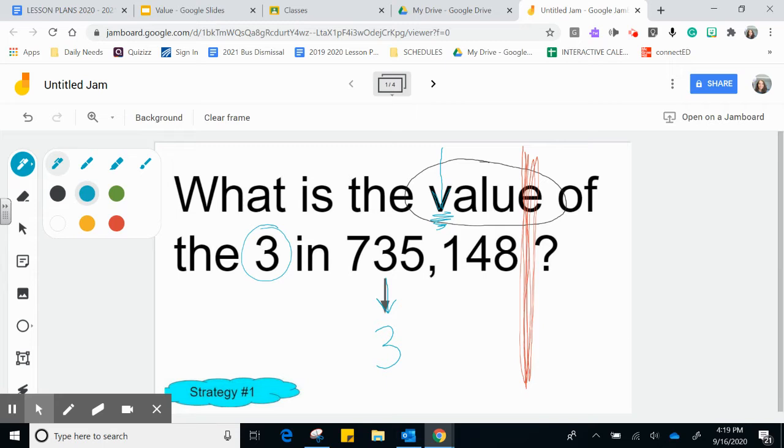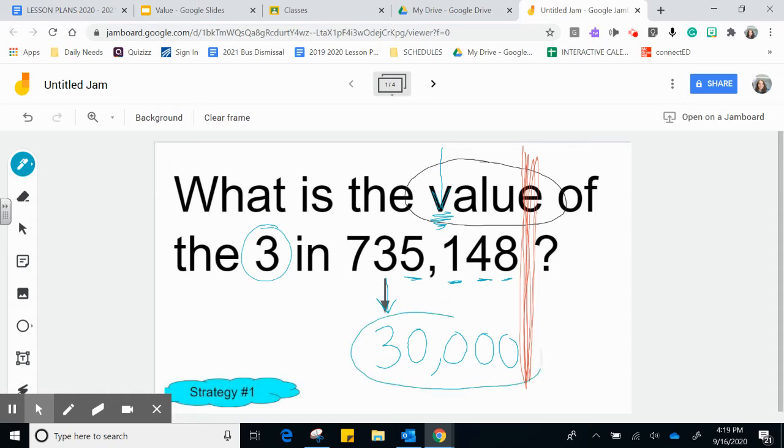So we want to put in a digit in those other place value spots that means nothing. And the only digit that means nothing is 0. So where that 5 is, I'm going to put a 0. Where the 1 is, I'm going to fill in a 0. Where the 4 is, I'm going to fill in a 0. And where the 8 is, I'm going to fill in a 0. And then I'm going to do 1, 2, 3, comma. And I can see right here that that 3 has a value of 30,000.